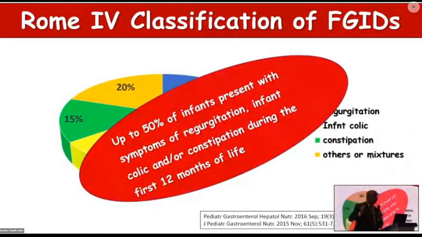Up to 50% of infants in the first year of life will present with one of 3 conditions: regurgitation, infant colic, or functional constipation.